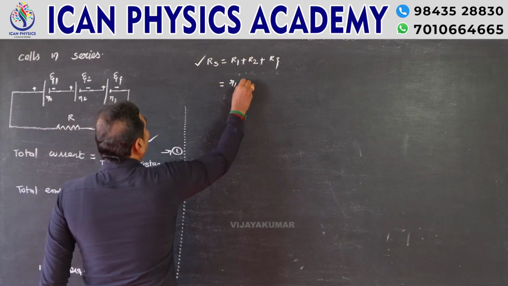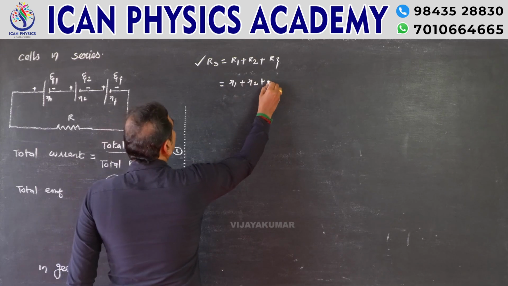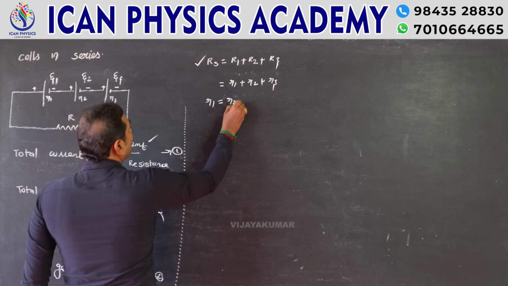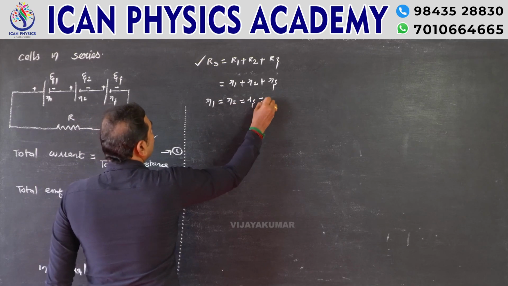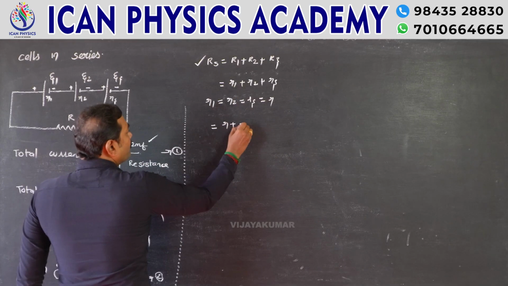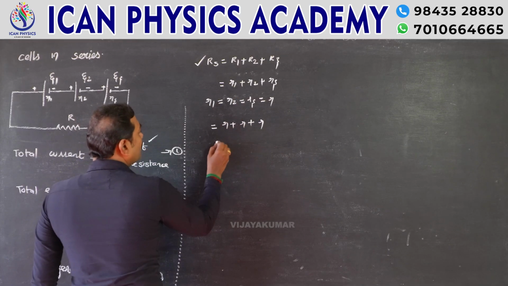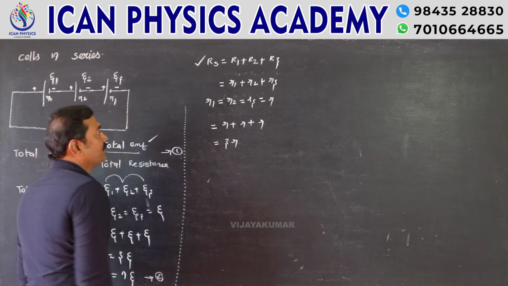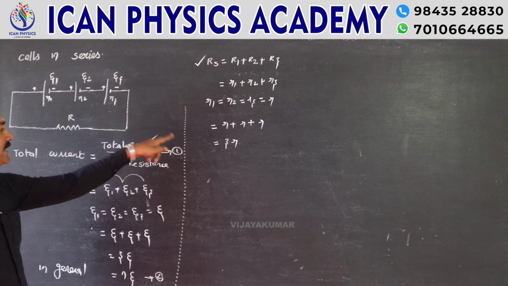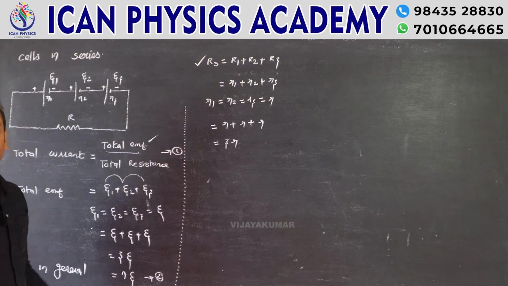Then we can modify for our case. Let us consider r1 equal to r2 equal to r3 equal to r. Then r plus r plus r becomes 3r. Here we are connecting 3 cells so that it becomes 3r.